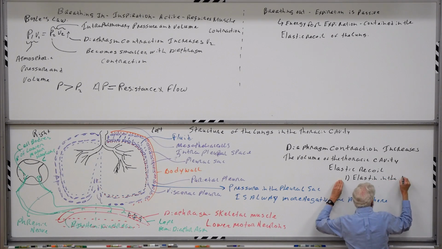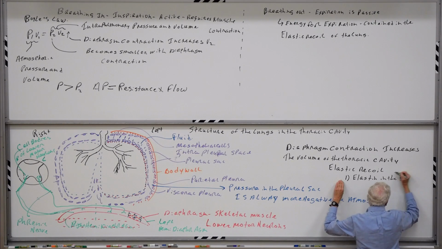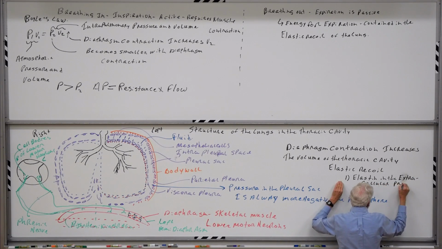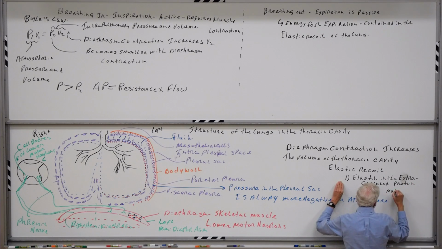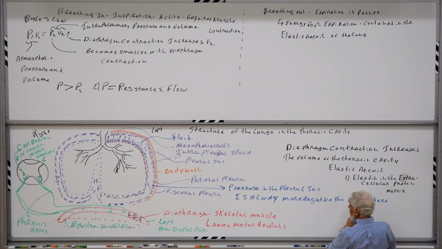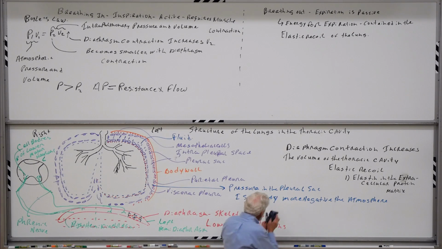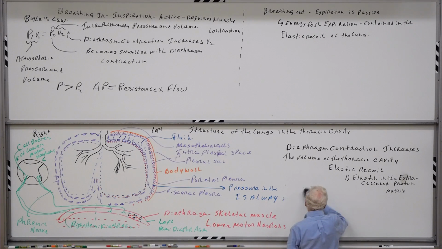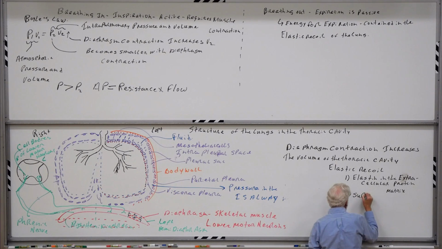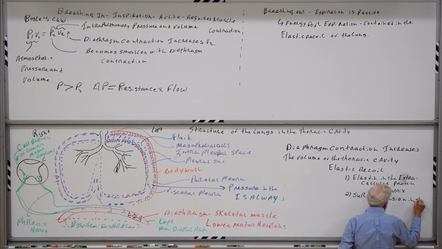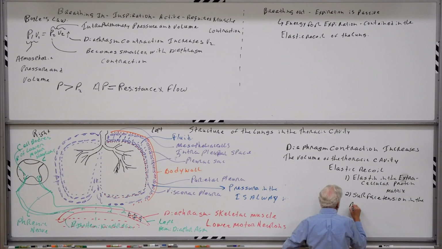in the extracellular protein matrix. It also comes from another source that we're going to see here. It comes from the surface tension in the alveoli.